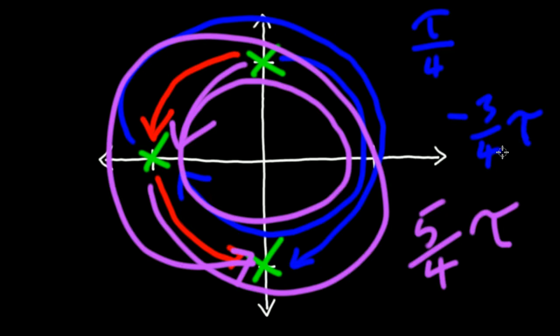Really what it is, is tau over 4 plus n tau, where n is any integer number, positive or negative. That's pretty interesting. There's an infinite number of frequencies that could describe this one signal.